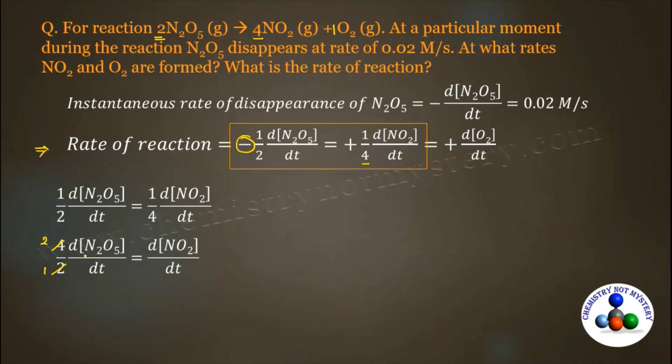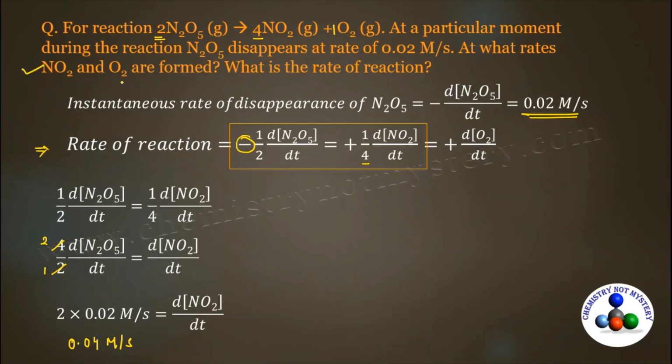Now place the value of dN2O5 over dt that is given. So you will get 2 multiplied by 0.02 molar per second is equal to d NO2 over dt. When you solve it, you will get 0.04 molar per second. So we have calculated the rate of formation of NO2.